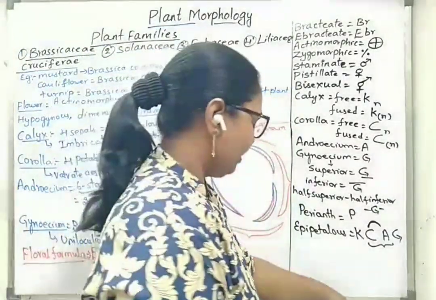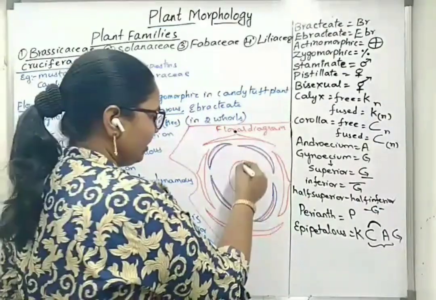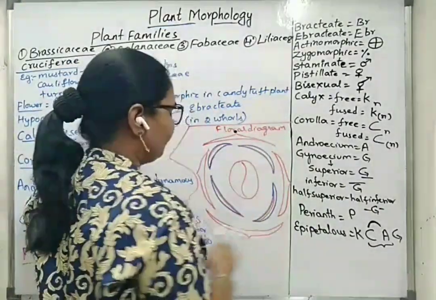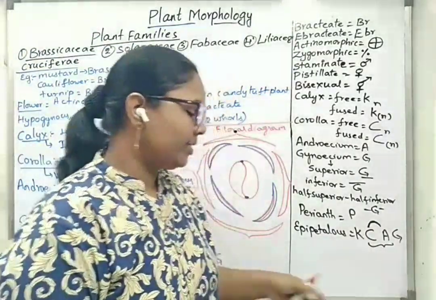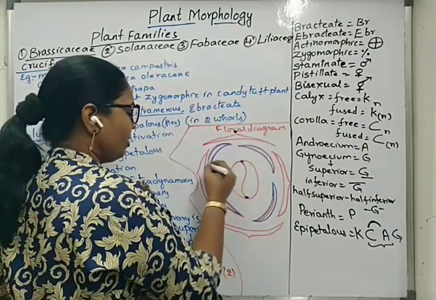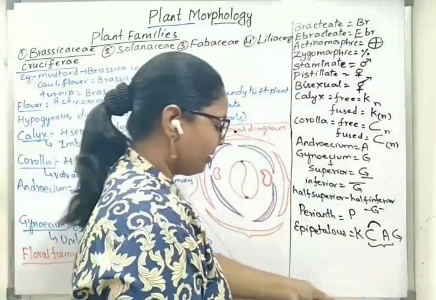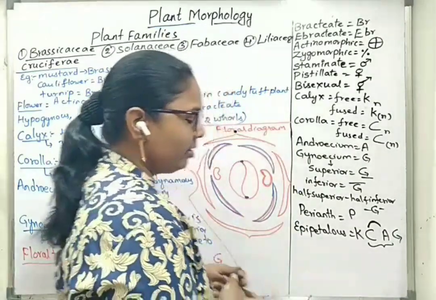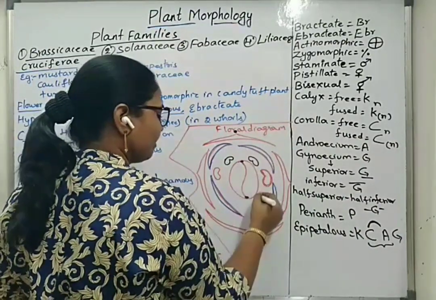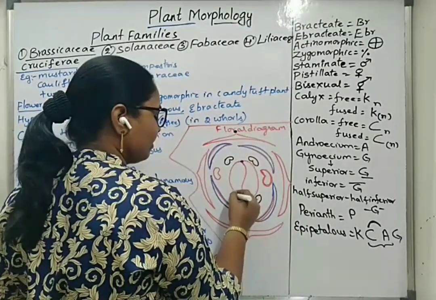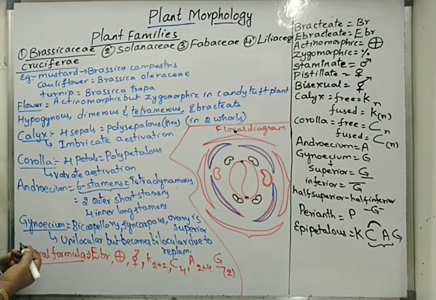Like this. Next, the central bilocular, which is finally due to replum. So here is the placenta. The false septum, which we are calling a replum. 2 outer short stamens. Next, inner longer 4 stamens, arranged in tetradynamous condition.